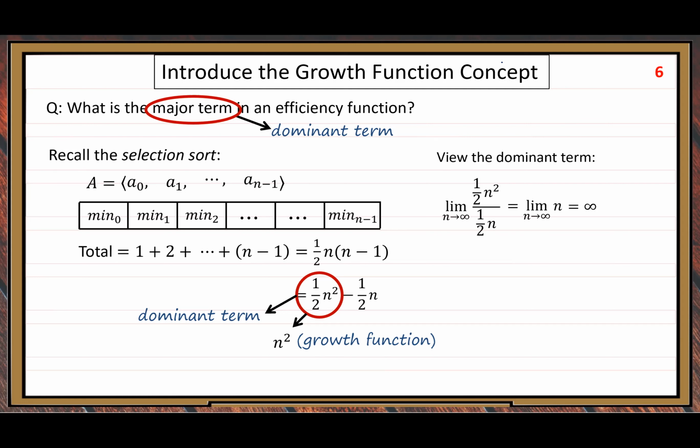The algorithm with the larger growth function will be slower, because you need to use more basic operations than the algorithm with fewer basic operations. That's the reason we use the growth function concept.